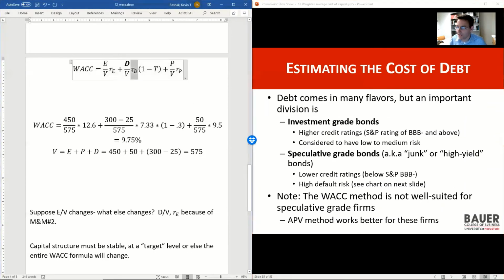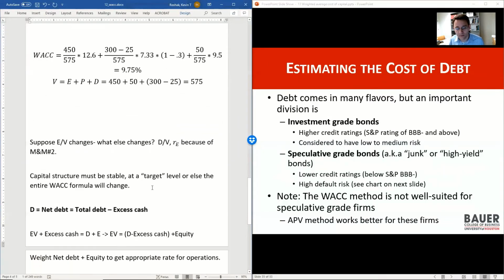Turning more towards the debt, it's important to note that there are lots of different types of debt out there. If you're going to be using the WACC, you generally can't calculate a WACC for firms that have very risky debt, junk debt.